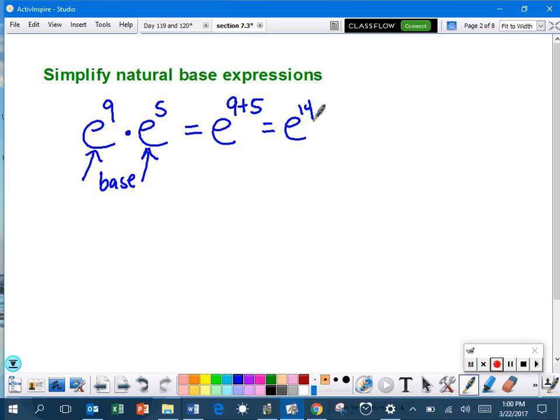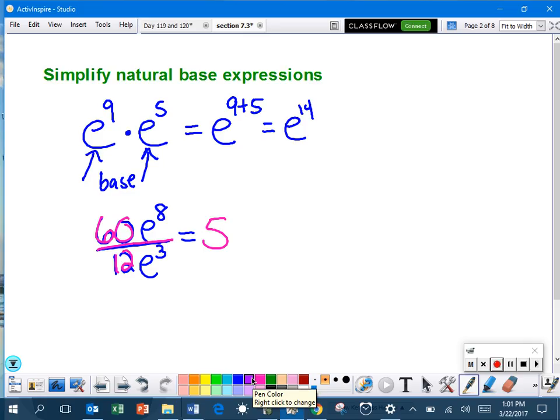Looking at the next one. If we have something like this, 60e to the 8th over 12e to the 3rd. Now, the 60 and the 12, you just do that normally. 60 divided by 12 is 5.